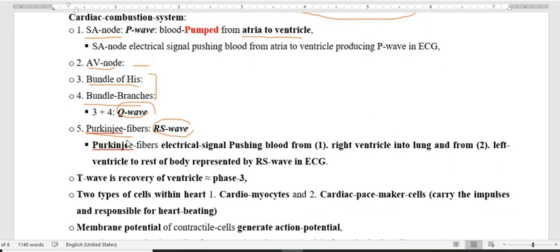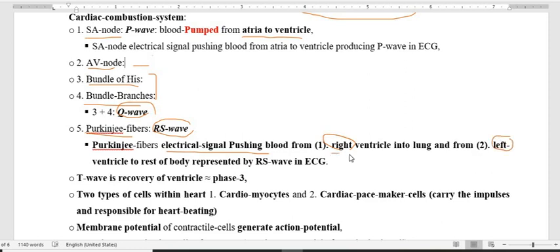So what is the meaning of the RS wave? The RS wave represents the electric current through which blood is pushed out of the ventricles, both the right ventricle and the left ventricle.